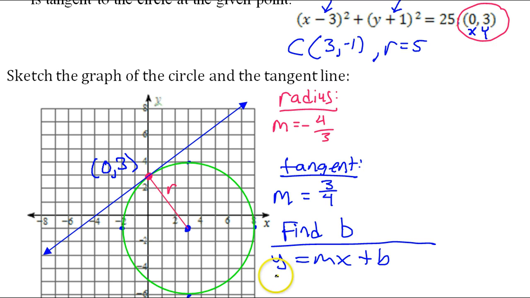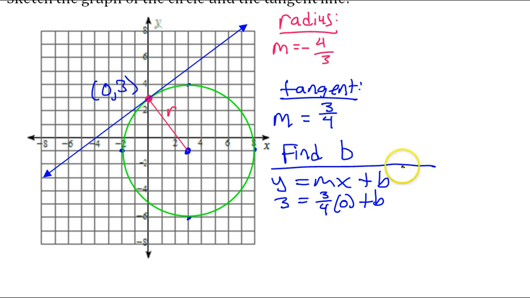So y is going to be 3. And then m, that's the slope. So that's going to be 3/4. And then x is 0. And then plus b. So I should be able to use this to find b. Well, anything times 0 is just 0. So this is just immediately is going to give me b is equal to 3.